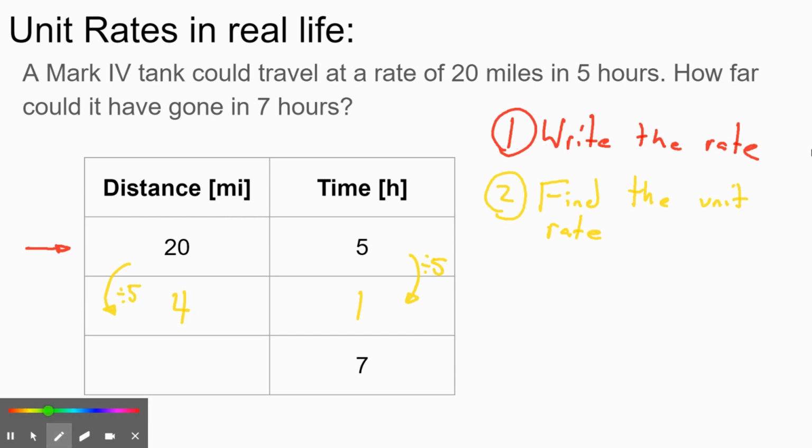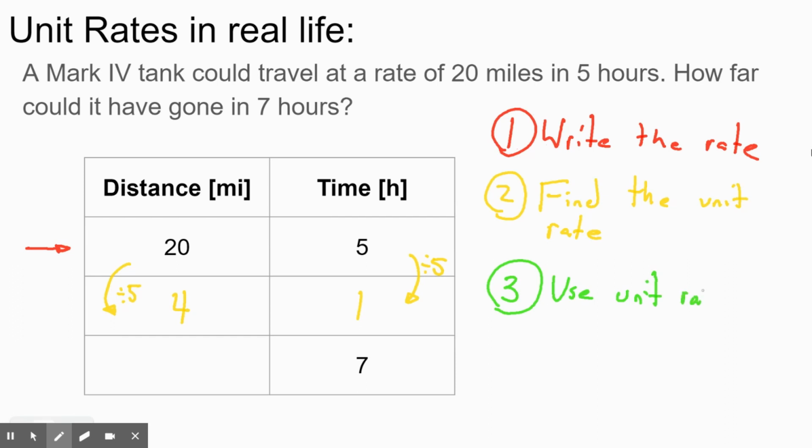Step 3. We are going to use our unit rate to find the final rate, whatever the last thing that we need to find is. So, we already have a hint here in that we need 7 hours.